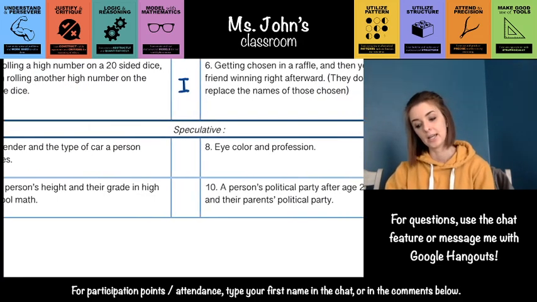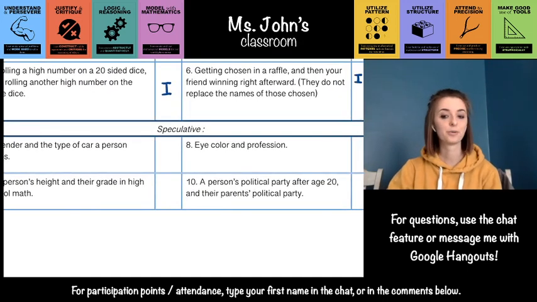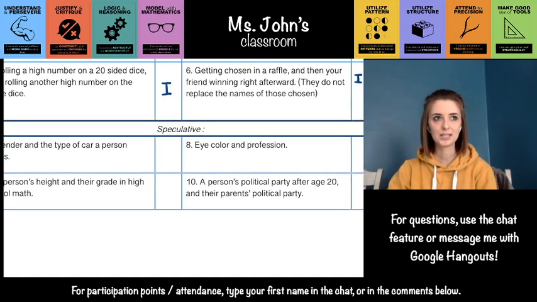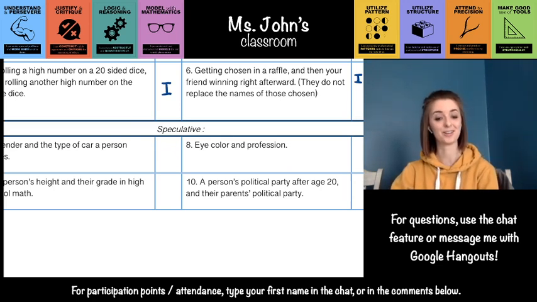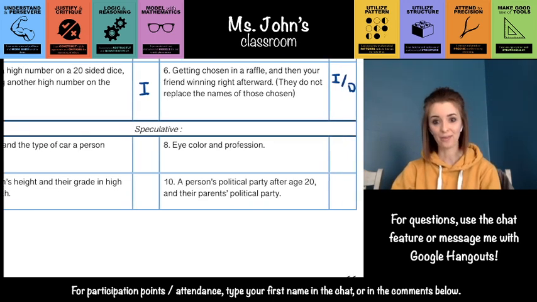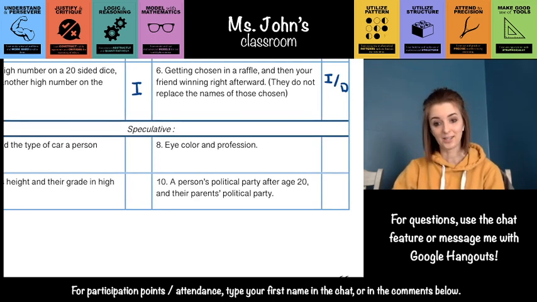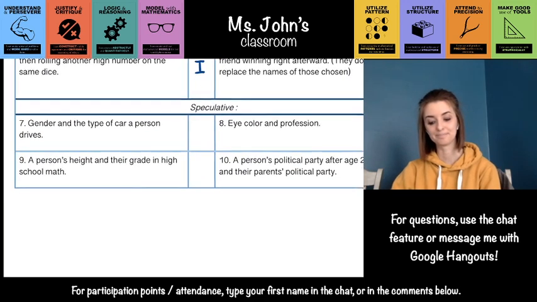Then there are things like eye color and profession. Are those actually dependent or independent? Even though those don't seem to have any effect on each other, maybe they do. If you did a study of all the people and their professions and their eye colors, would one be dependent on the other? I don't know. Personally, I think no. I think it probably would not be dependent.